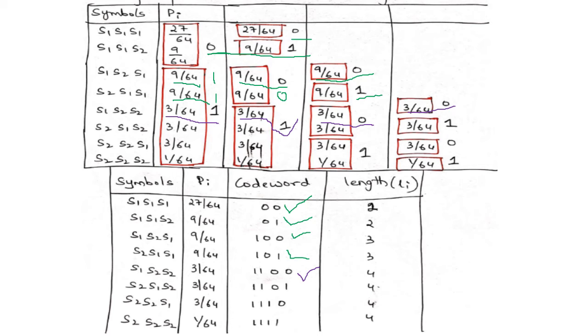Similarly, for the next 3 by 64, first stage code word is 1, second stage code word is 1, third stage code word is 0, last stage code word is 1. So 110. Similarly, we can write it for 3 by 64 and for 1 by 64.